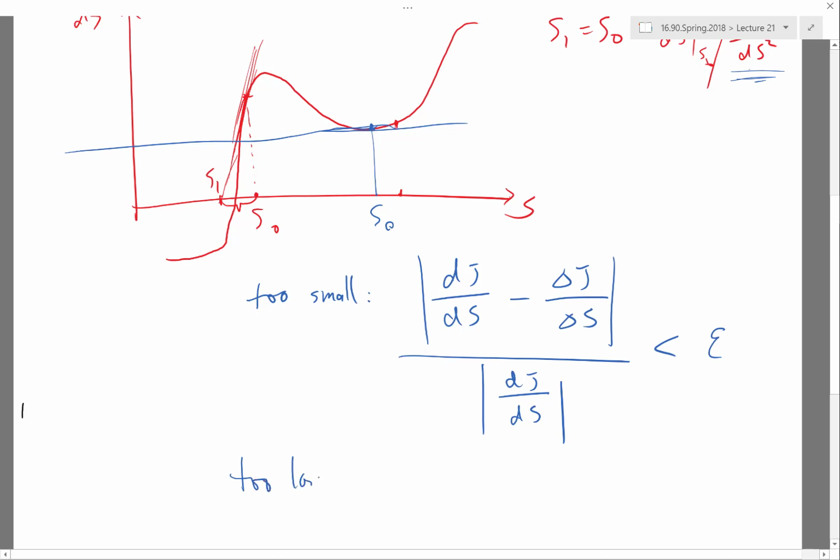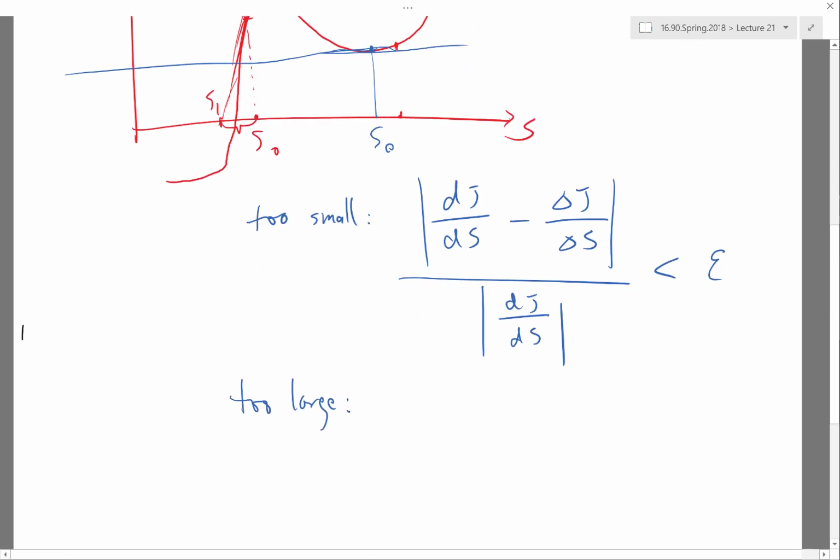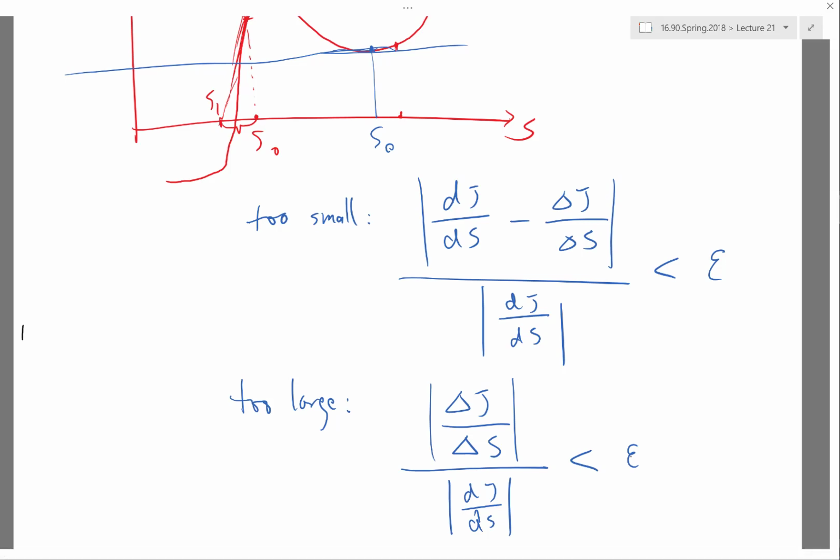Too large can mean just your delta J over delta s over your dJ/ds magnitude is actually smaller than another epsilon, right? So this can easily account for your step size being too large or too small, right? Okay, any questions on the line search algorithm?